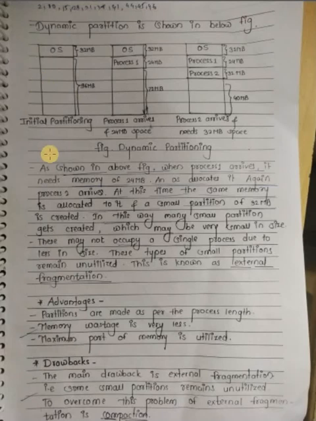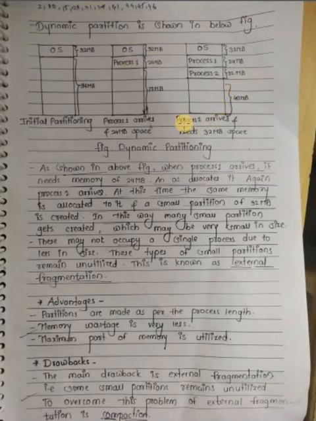Here the operating system initial partitioning is shown. Then when a process 1 arrives and it needs 24 MB memory, at this time 24 MB is allocated to it. So here in the dynamic partitioning, as per the requirement of the process, a 24 MB partition is done.